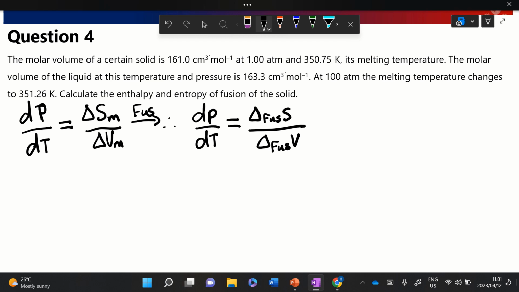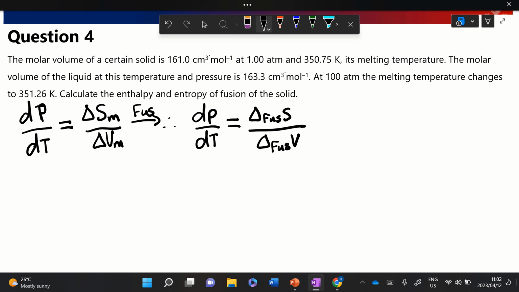For a finite change, we assume the entropy and the molar volume are independent of temperature, so there is no change in these quantities during a temperature change. Then we don't have to work with infinitesimal changes.